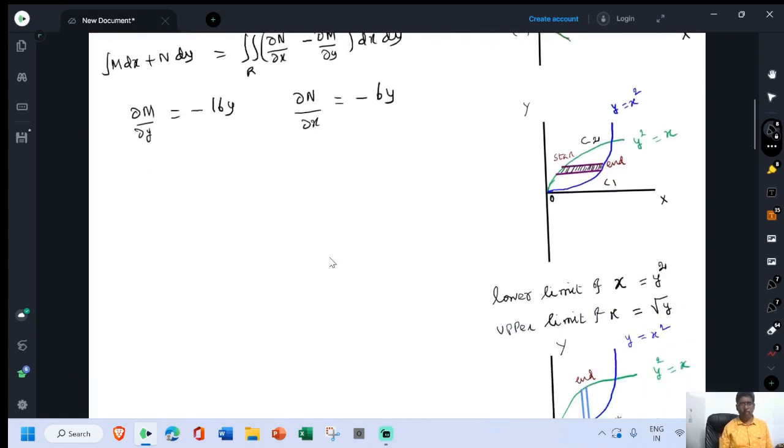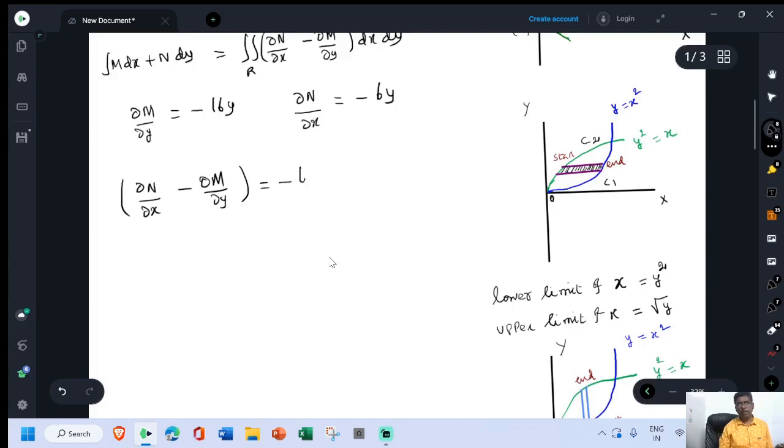Then ∂n/∂x minus ∂m/∂y is equal to minus 6y minus of minus 16y, which is minus 6y plus 16y, which is equal to 10y.